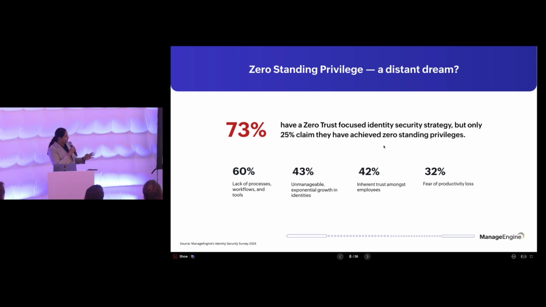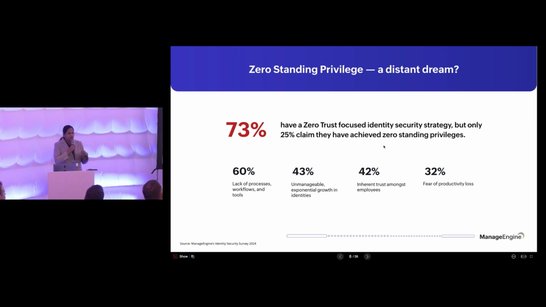Close to 73% of respondents in the survey also believe that they have a zero trust focused identity security strategy in place. This is down to a number of reasons, because they have either a lack of processes, knowledge, or strategy in place. Some people also believe that there are lots of types of identities today, not just passwords, not just accounts, but also other types of identities that they're not able to manage in the current state.